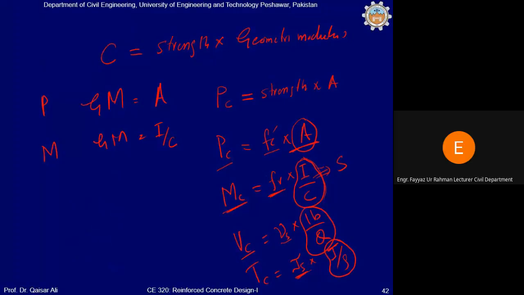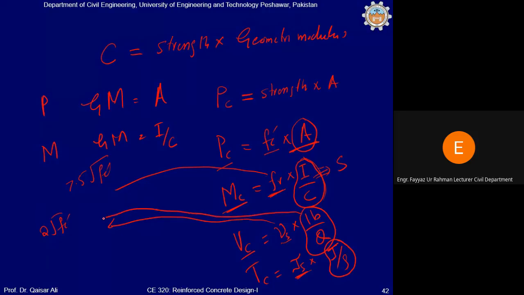In case of reinforced concrete member, this Fr, which we discussed in the previous class, is equal to 7.5 root FC prime. And this shear strength, in case of reinforced concrete member, is 2 root FC prime. And this geometric modulus can be simplified into b times effective depth.